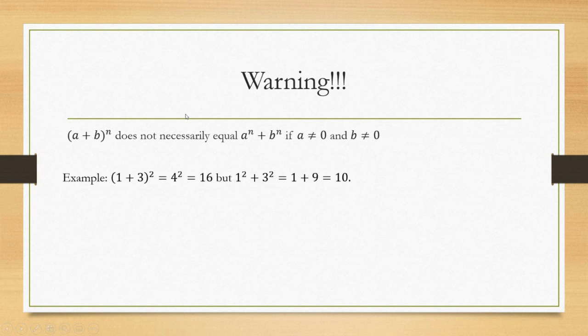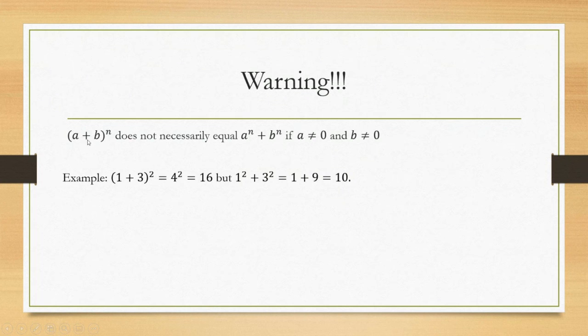Just to illustrate that, let's consider (1 plus 3) squared. 1 plus 3 we know is 4, so (1 plus 3) squared is 4 squared, which is 16. But 1 squared plus 3 squared: well, 1 raised to anything is 1, and 3 squared is 9, so here we get 10.